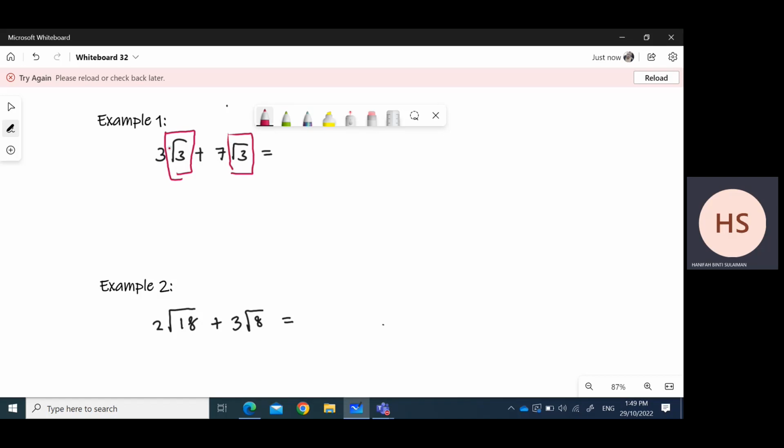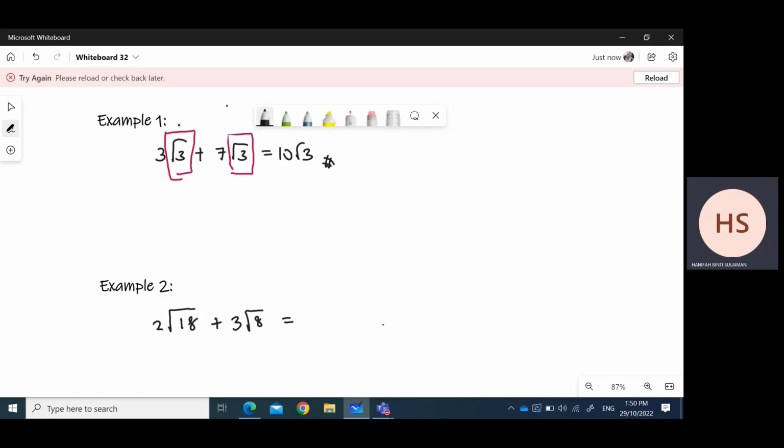So for this one, you can sum it easily. So untuk konteks yang ini, bila kita mempunyai radical yang sama, you boleh selesaikan macam biasa, iaitu 3 square root of 3 plus 7 square root of 3. Then here we have 10 square root of 3. Okay, 10 square root of 3. So this is the answer.